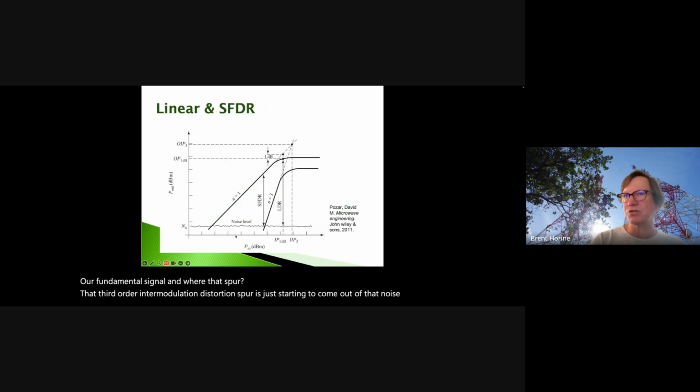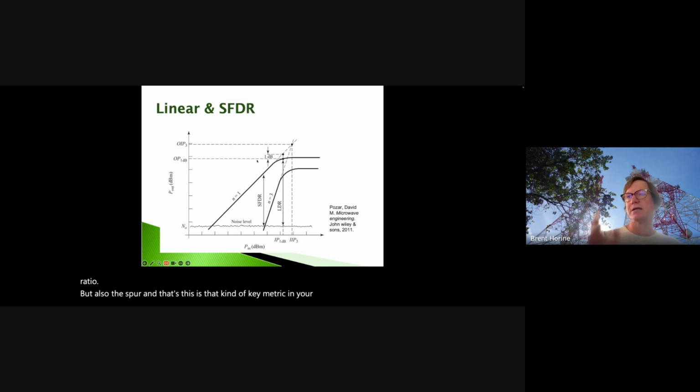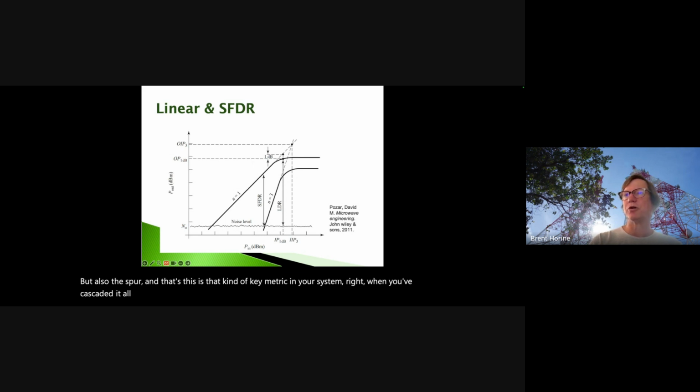Now we'd love for the noise to be lower and lower, but this is where we're stuck, right? So this defines the spur-free dynamic range. In other words, at this point and below, our spurs are under the noise level, right? So we want to optimize the noise level versus the signal, the signal-to-noise ratio, but also the spur, and this is that key metric in your system, right? When you've cascaded it all together, what is your spur-free dynamic range?